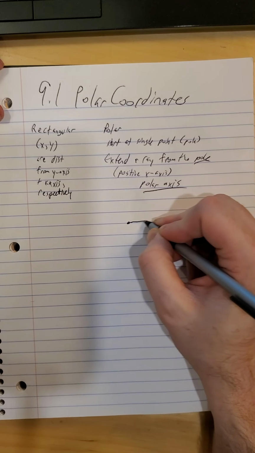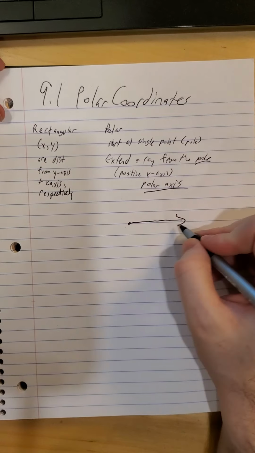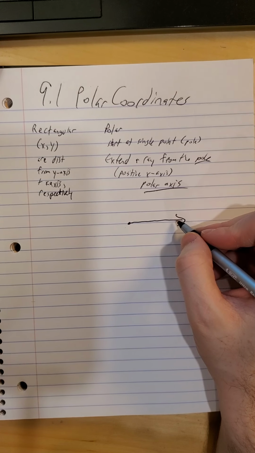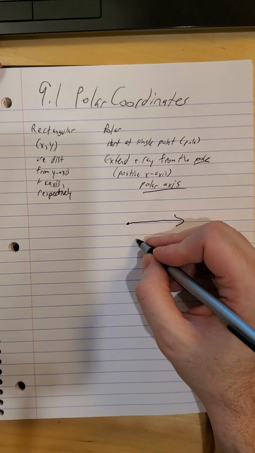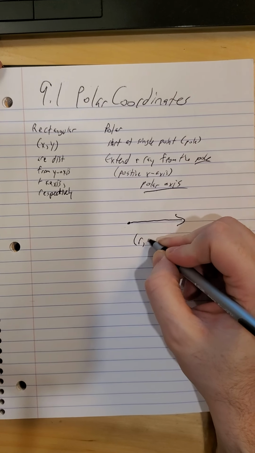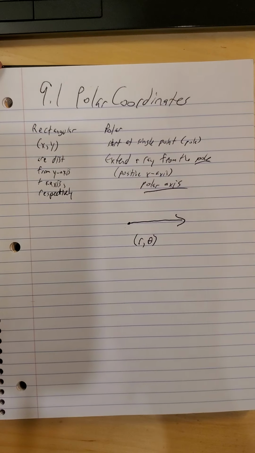So we have a point, we extend a ray. That's our pole, that's our polar axis. And then each point is defined by a distance to the pole and an angle. So r and theta instead of x and y.